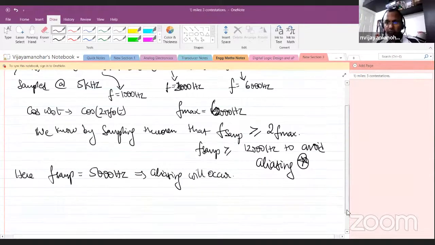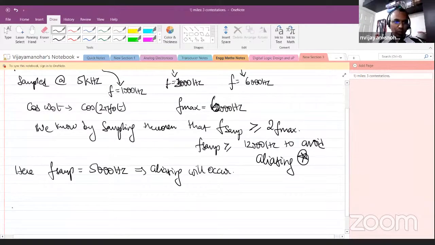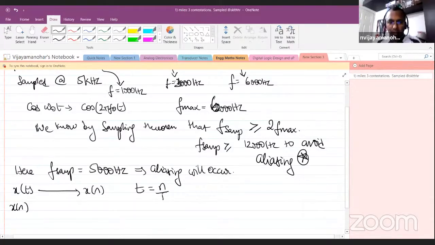So let's see how x of n will look. x of t is given. So x of t to x of n, how will you get? Replace t by n by fs, where fs is the sampling frequency.